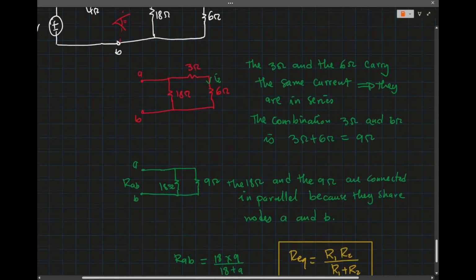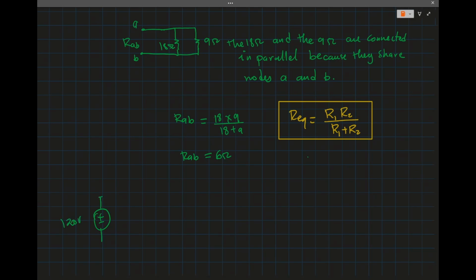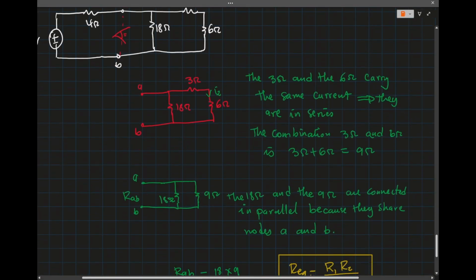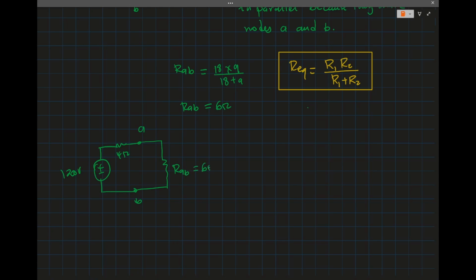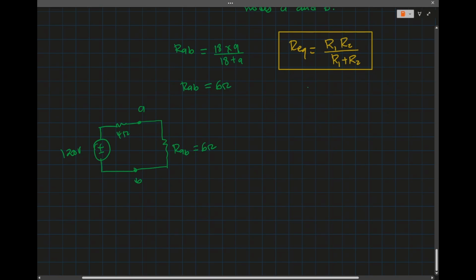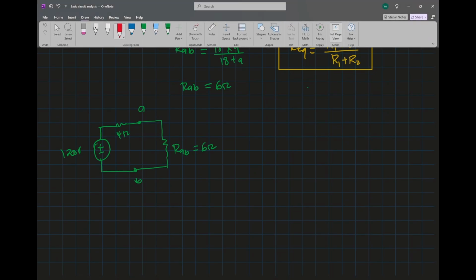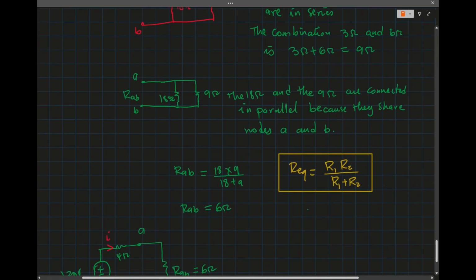So back to my network, what do we have? We have 120 volts. That's the 4 ohms connected to A and B. But here we have RAB, which is 6 ohms. Okay, so to find the current in this branch, what do we call it?